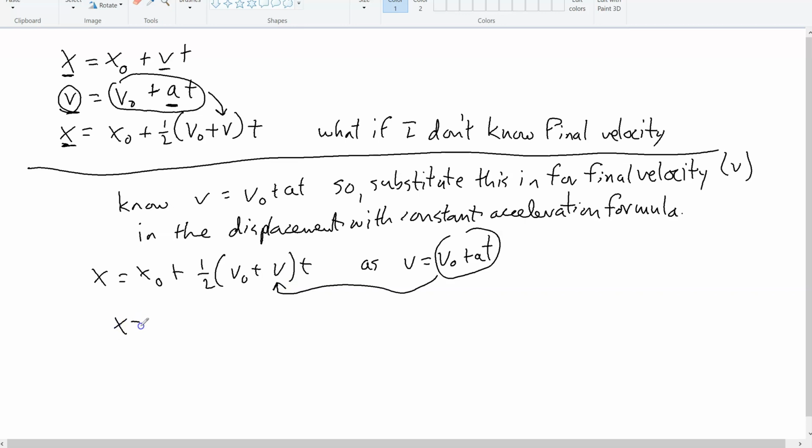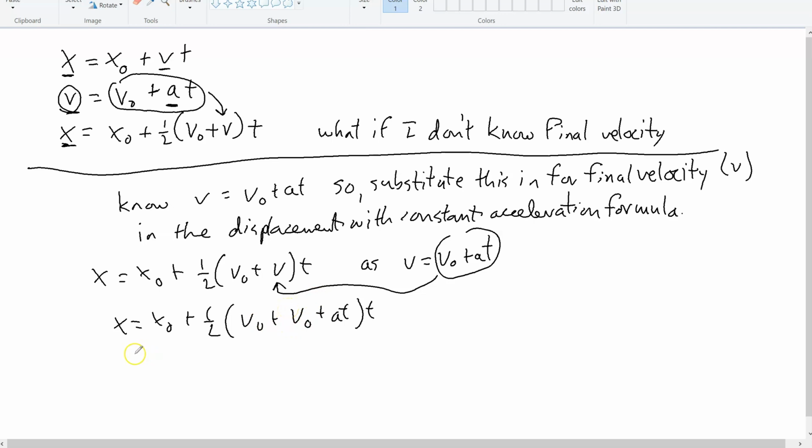And this is going to give me x equals x0 plus 1/2 V0 plus V0 plus at times t. Okay, now I can simplify this. I've got two V0s.